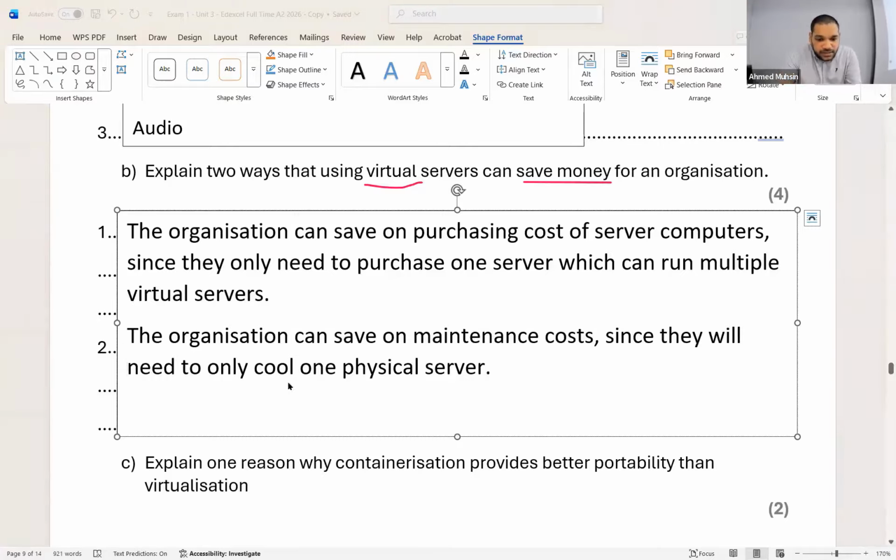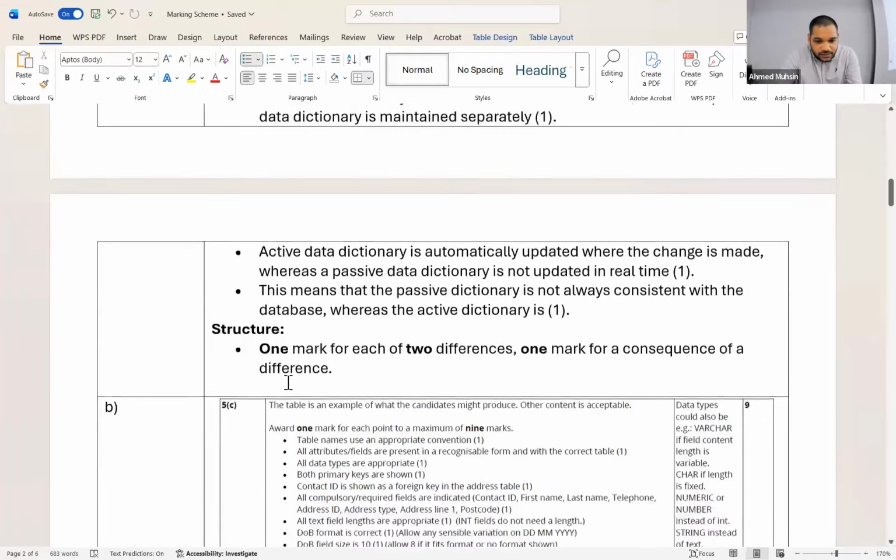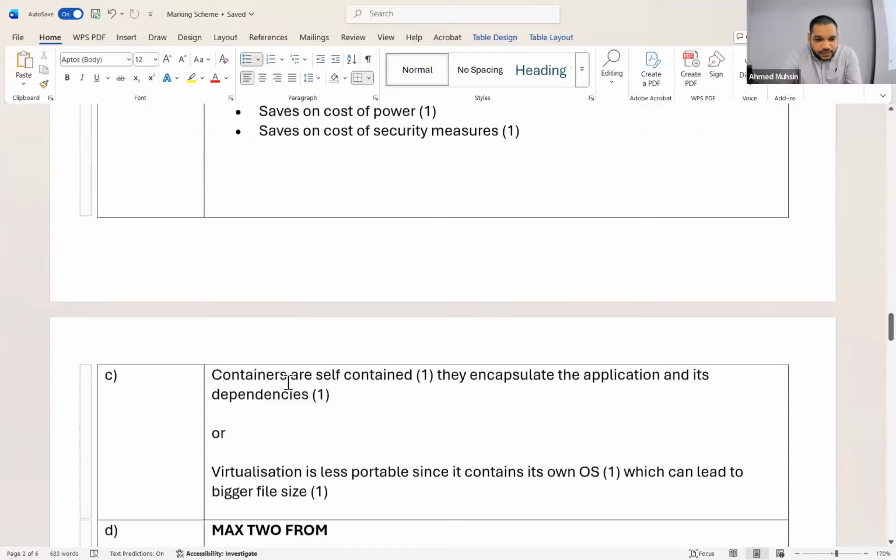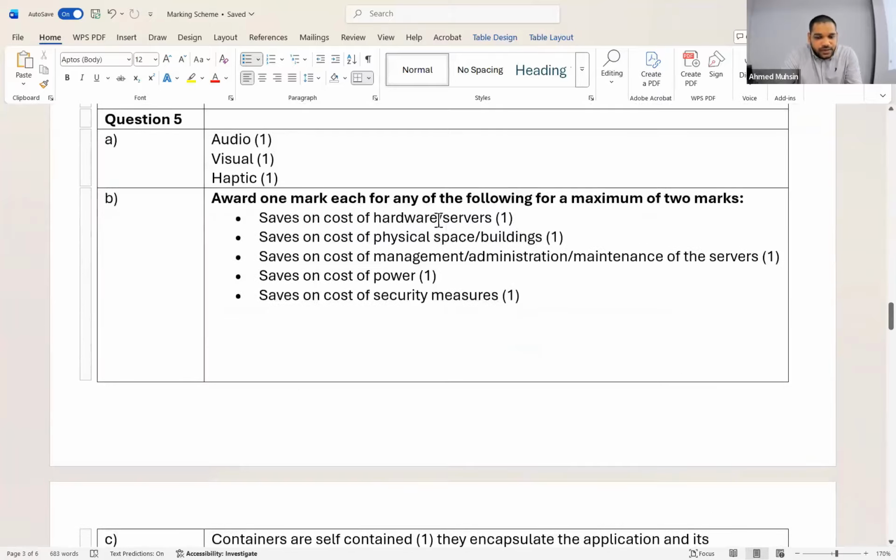Right, everybody, can you read the marking scheme answers? Okay, where is it? Question number 5, no? Save cost on hardware or servers. We said this. Save on cost of physical space of the building. You can save on the management, administration, maintenance. Evan, your answer is here.